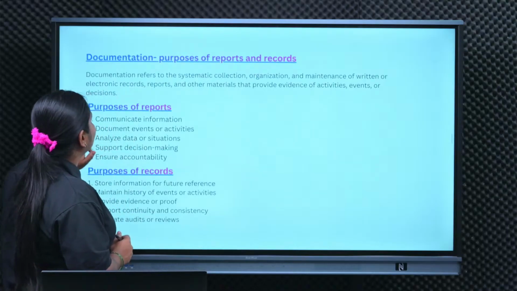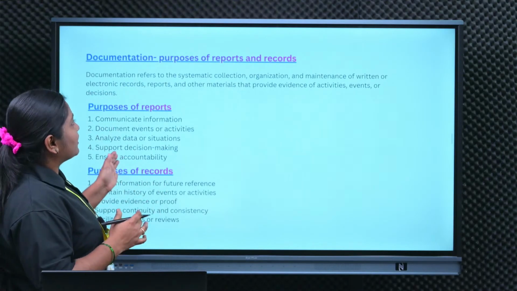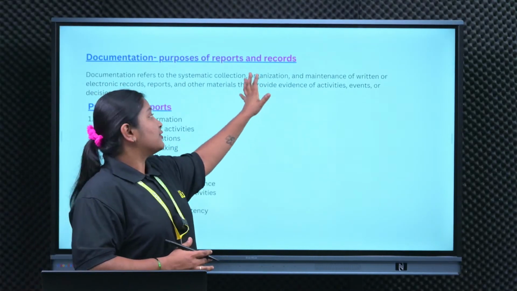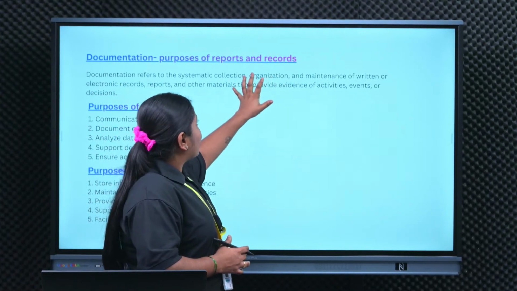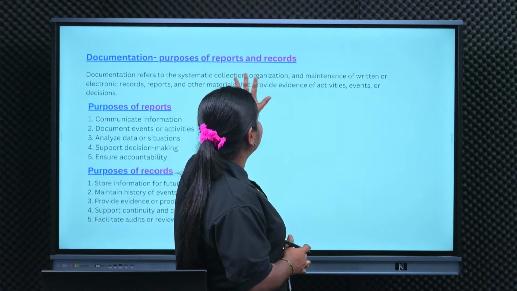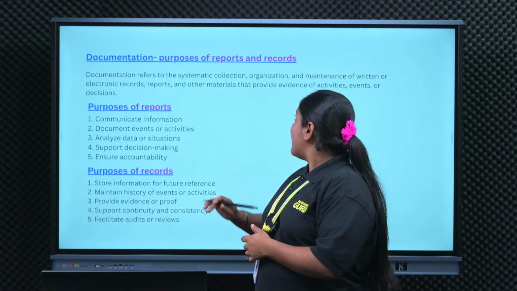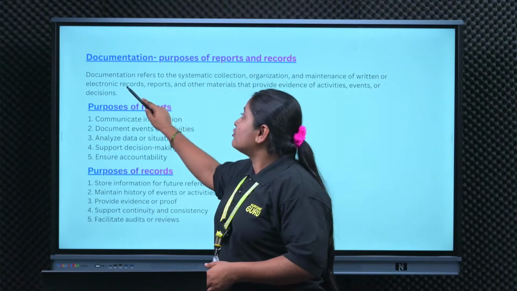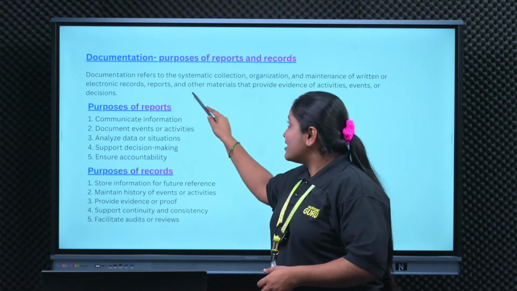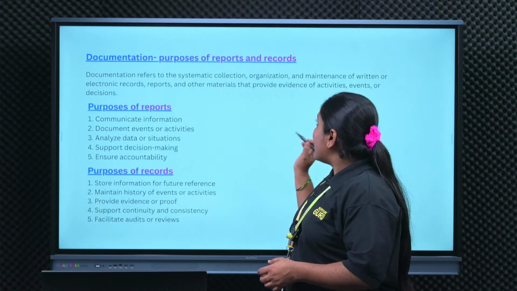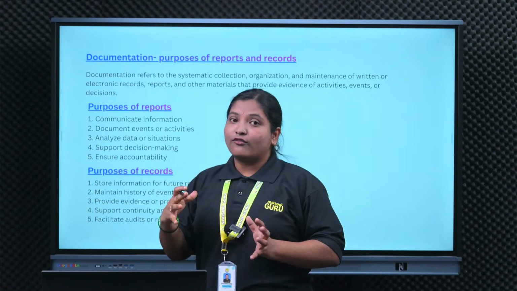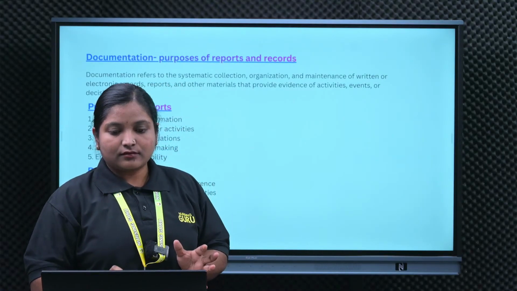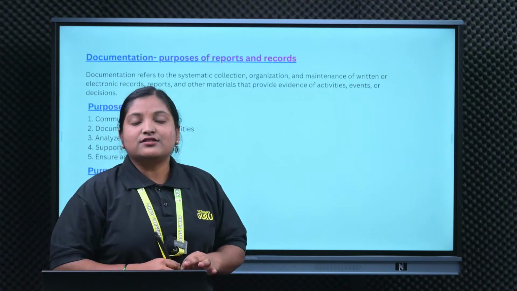The first one is documentation and the purpose of reports and records. Documentation refers to the systematic collection, organization and maintenance of written or electronic records, reports and other materials that provide evidence of activities, events or decisions.